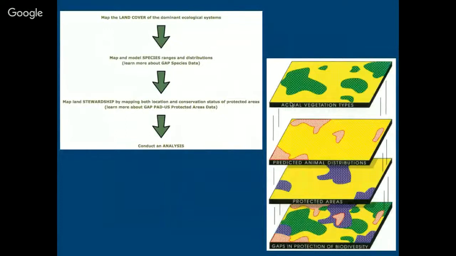And so the biggest view of gap analysis was to map land cover of dominant ecological systems, to map and model the ranges and distributions of the species within those ecological systems, to map land tenancy and land stewardship and protection, and essentially to detect gaps in the coverage of the species and the ecosystems by the protected areas or by the land tenure system. This was a US government-funded initiative during many years.